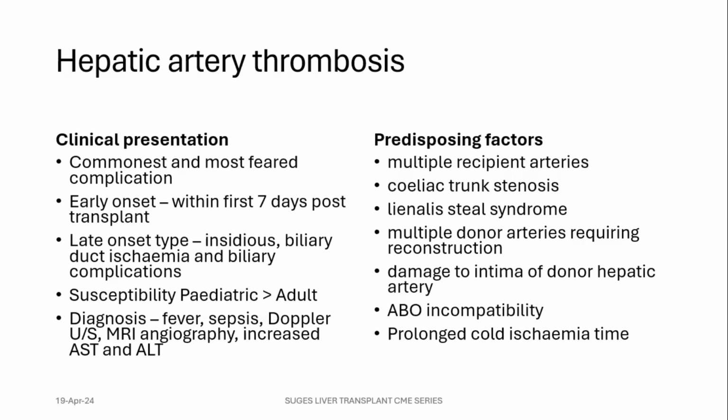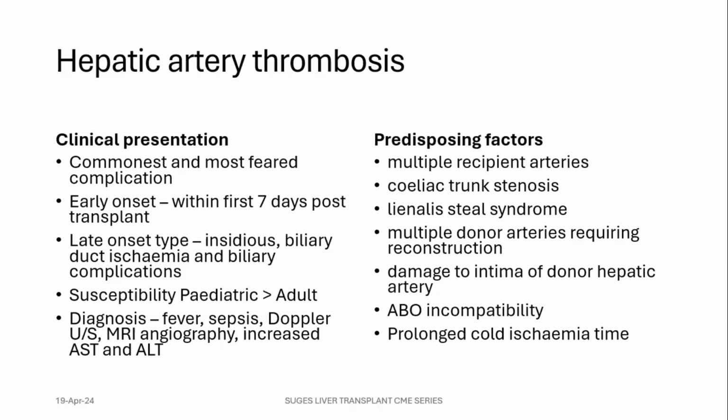Because the blood flow is slow, it predisposes the recipient to getting thrombi in the hepatic artery. If there are multiple donor arteries that require reconstruction, this goes together with the multiple recipient arteries, so you have a higher risk of getting hepatic artery thrombosis.